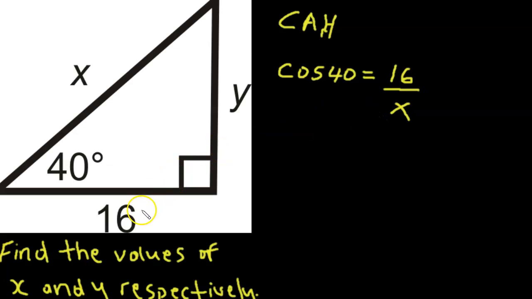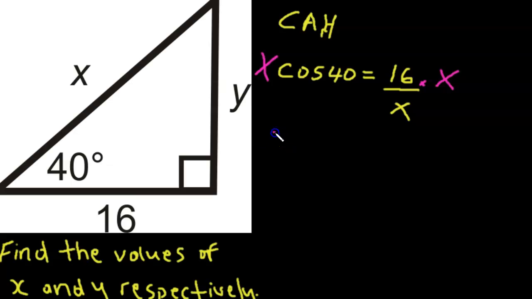The adjacent is 16, the hypotenuse is x. Now we need to transpose. And again, we need to get rid of that denominator there. So we times both sides by x.